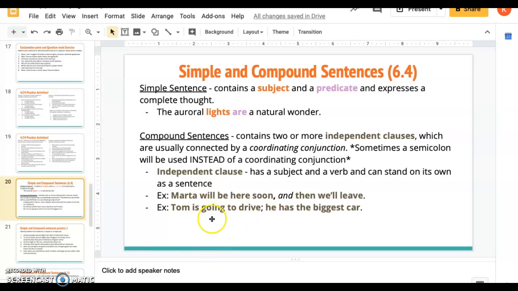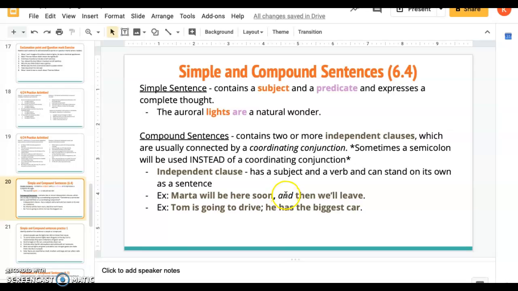So here are two examples of compound sentences. Marta will be here soon, comma, and then we'll leave. So you'll see that there are two independent clauses. The first one saying that Marta will be here soon, right? Here's our subject. Here's our predicate, will be, okay? Then we have a comma and coordinating conjunction.